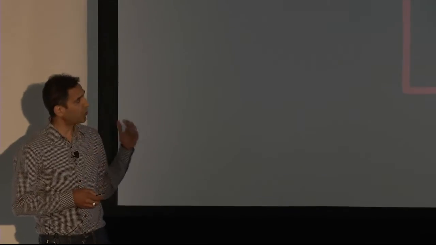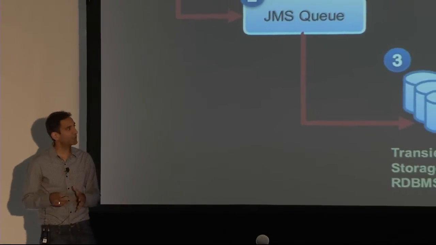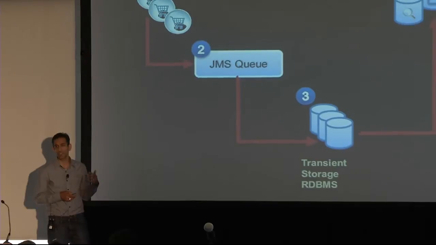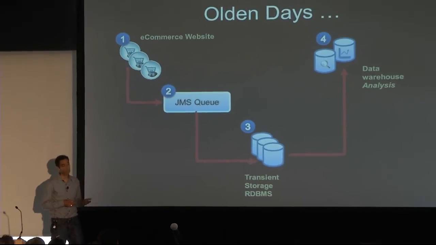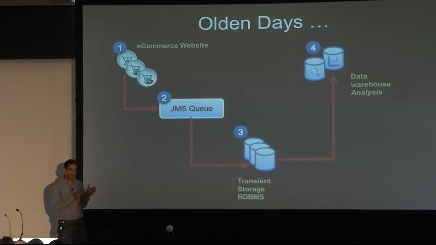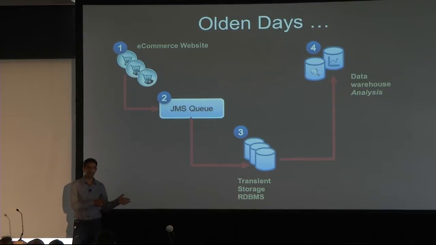How have people been solving something like that? You have some sort of website-related data generating transactions or messages for your application. In order to store the data in a database, people have been inserting a JMS queuing system in the middle, which allows you to decouple the front user-facing website from the back-end transient data storage system.